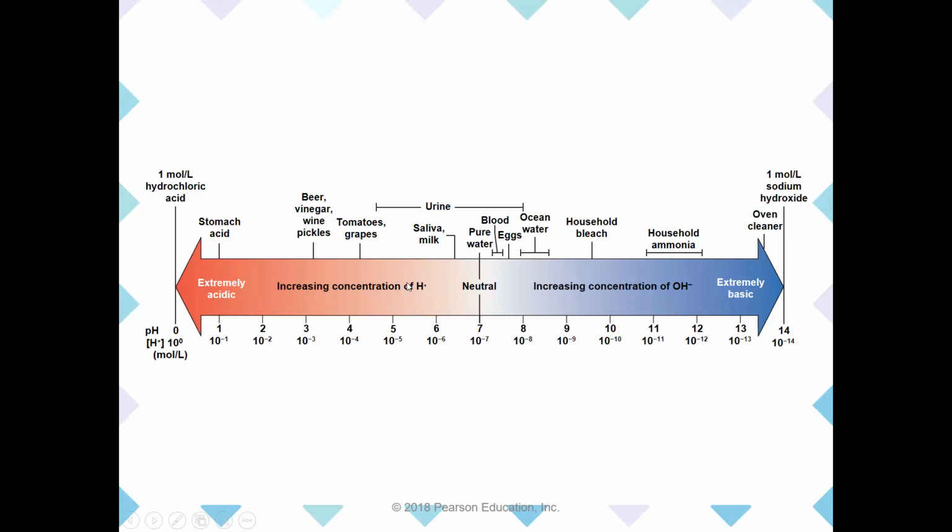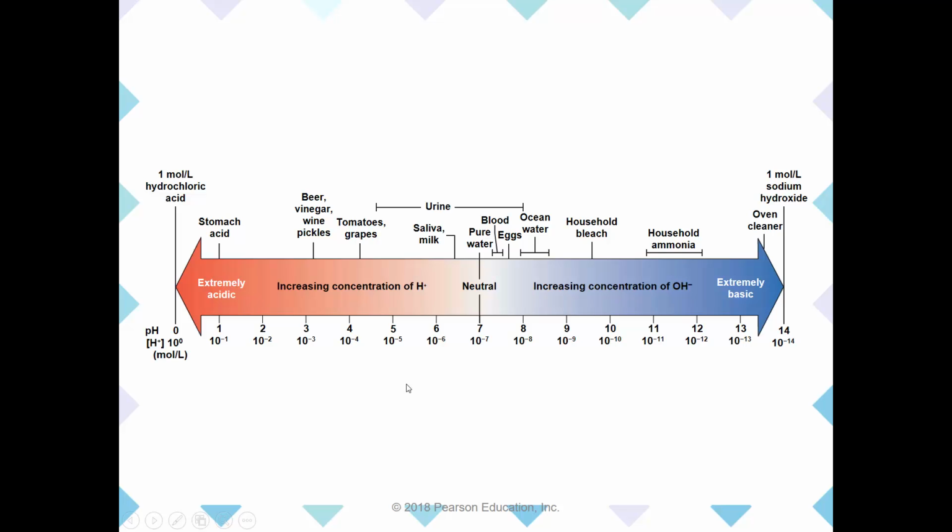That's where your hydrogen ion and your hydroxide ion exactly equal one another. Anything more this direction is becoming more acidic. It's releasing more hydrogen ion. Anything going this direction is becoming more basic, is releasing less hydrogen ion.